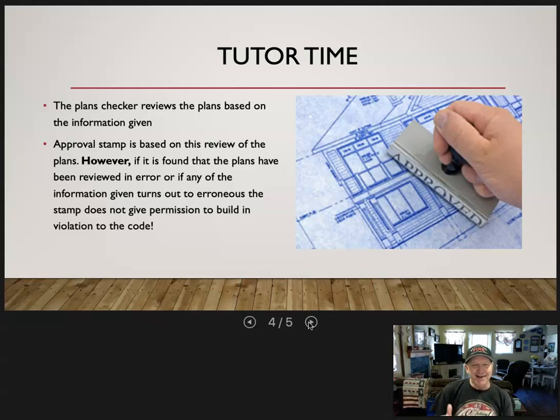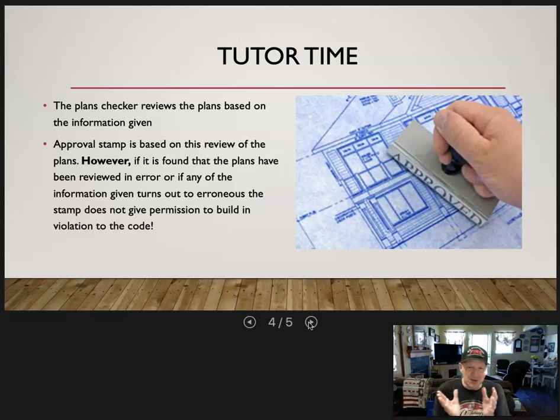And I said, so you see, you got the God stamp here, but I think you need to read the little words that are hard to read down at the bottom. And basically, in very verbal language, it said, oh, by the way, if I made a mistake when I stamped this, that doesn't give you the right to build something that violates the code.